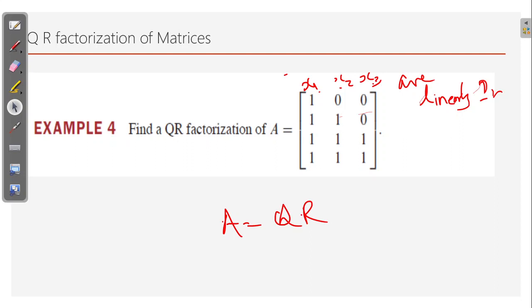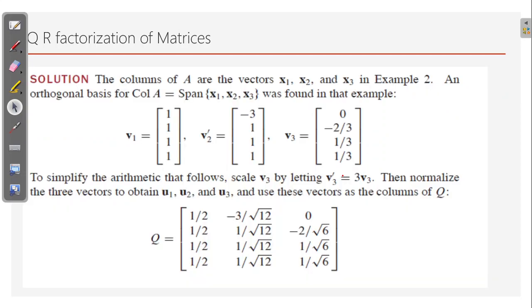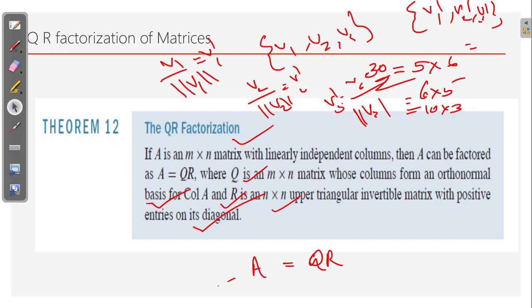Then the next question is, what is Q and what is R? Now what is Q? Theorem 12 states that the column vectors of Q form the orthonormal basis for the column space.